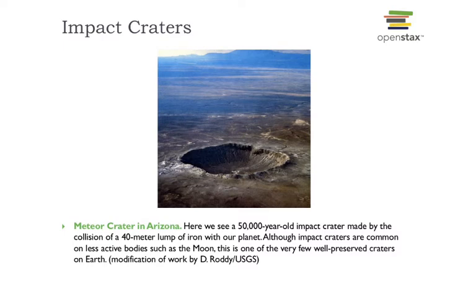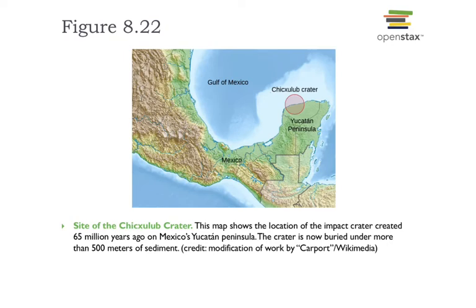Some are even larger, like the one in the Gulf of Mexico, the Yucatan Peninsula. We think this is the crash site of a meteor that impacted 65 million years ago and extincted the dinosaurs.